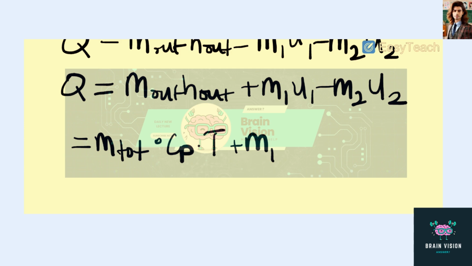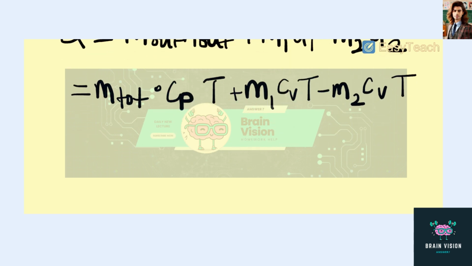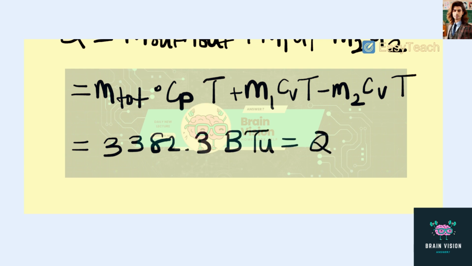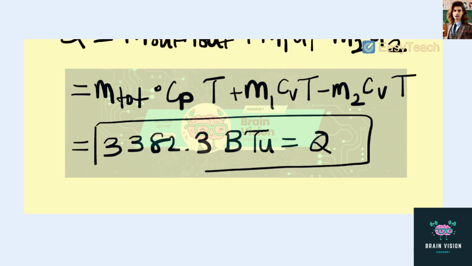U1 we can rewrite using, again, temperature and our specific heat with respect to volume, so that's Cv T. And M2, which again is going to be Cv T. Remember that the T's are all the same because we're assuming this is an isothermal process. So plugging in for these quantities, we'll find that the total heat transfer to the tanks is 3,382.3 BTU. And that is our heat transfer. That's our final answer.